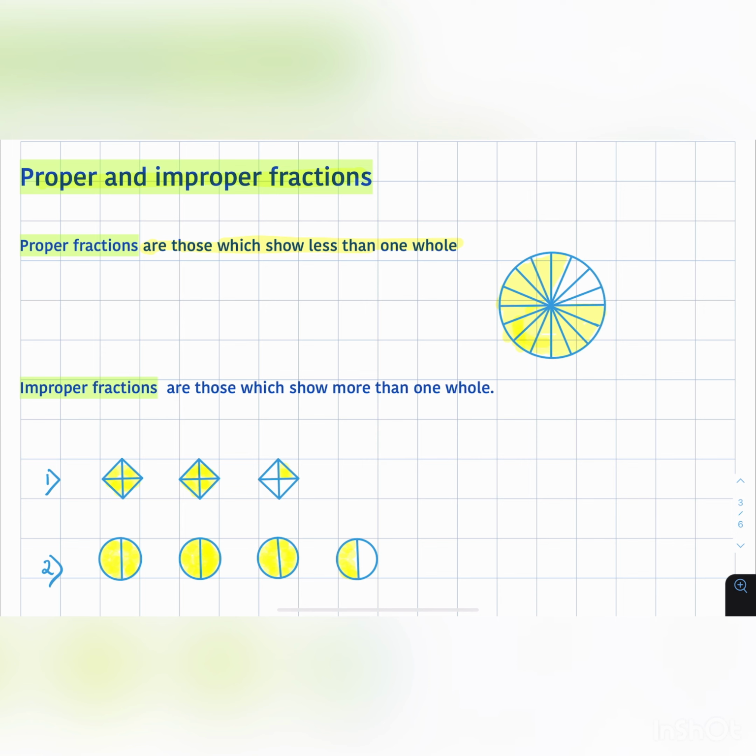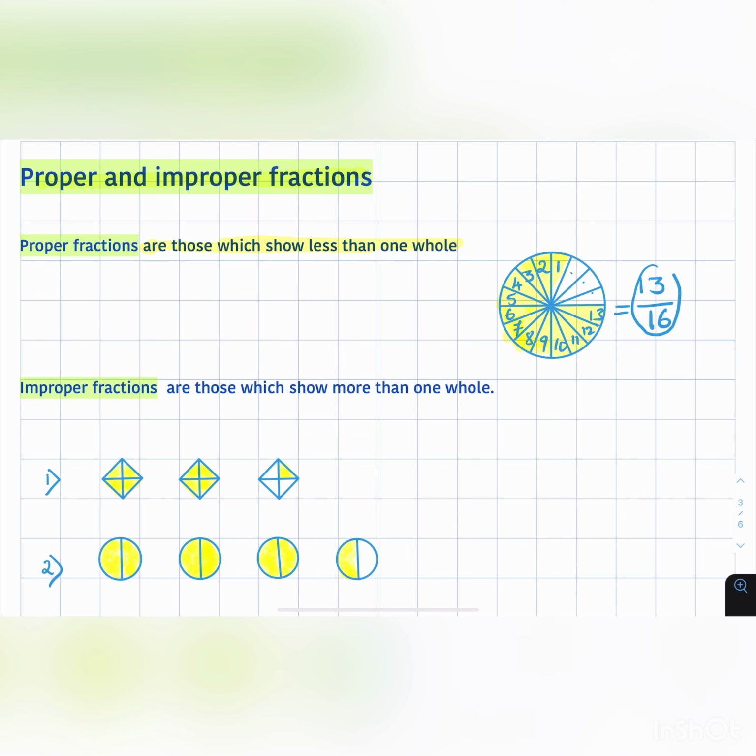Now if I have to write down the shaded part's fraction, let us see how many parts I have shaded. 1, 2, 3, 4, 5, 6, 7, 8, 9, 10, 11, 12, 13 parts I have shaded, and totally how many are there? 16 parts are there. So total is 16, and out of that I have shaded 13.